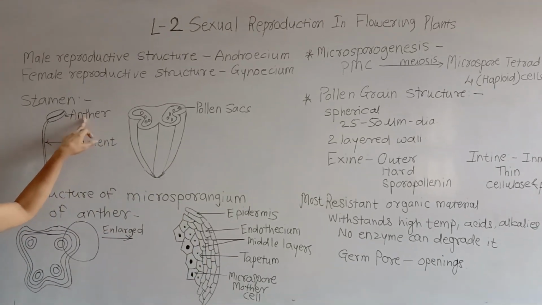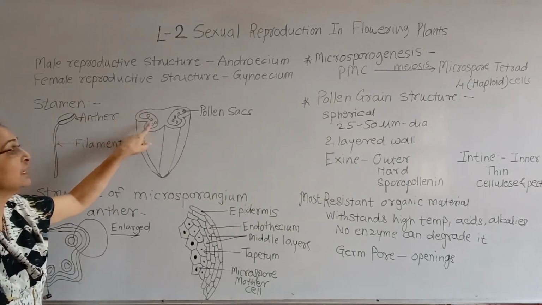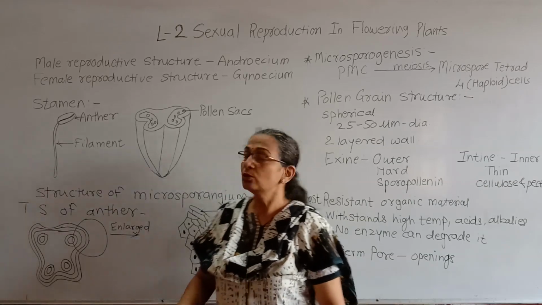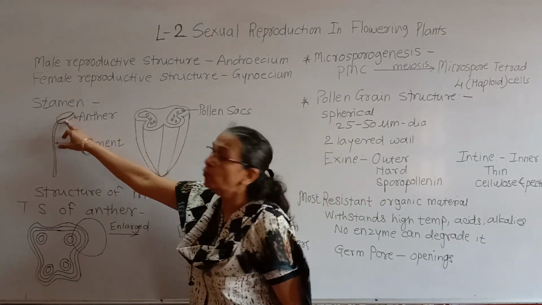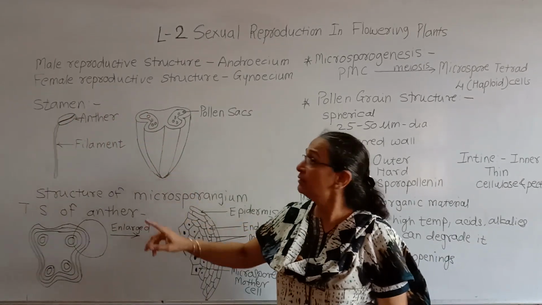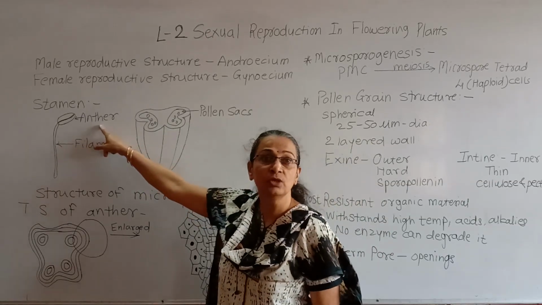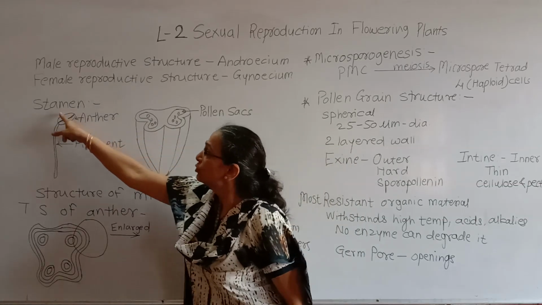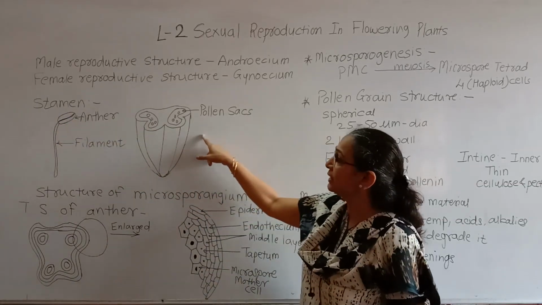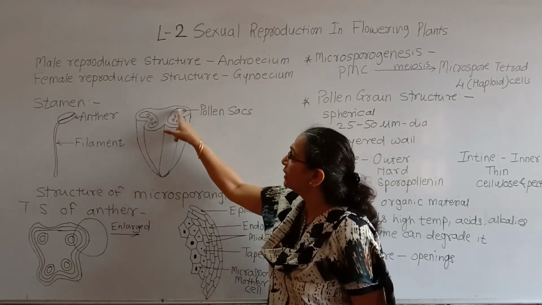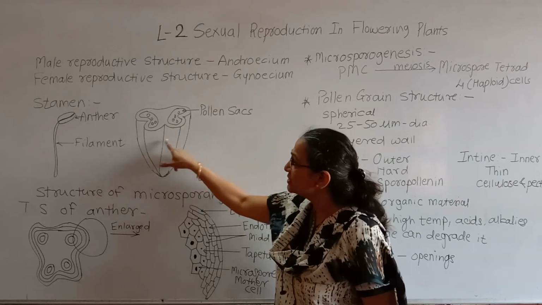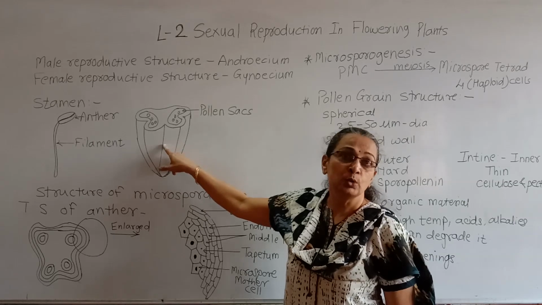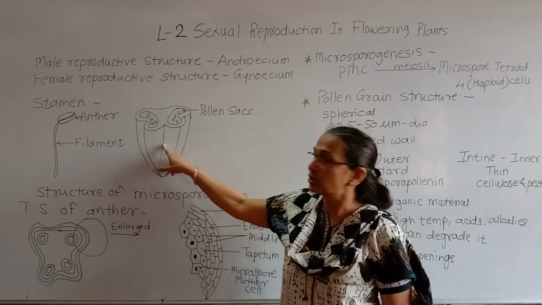And each lobe has two theca. Theca means compartment. So, in total, there are 4 different compartments in a bilobed structure of the anther. If you take the cross section through this, you will find that there are 4 different parts, and that is why the anther appears to be tetragonal, that is a 4-sided structure.